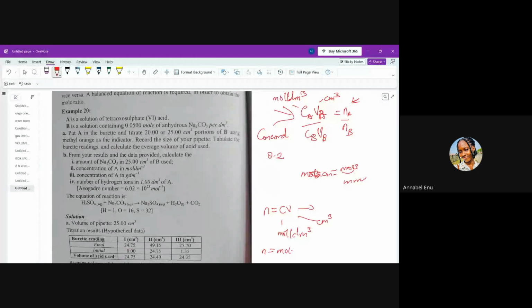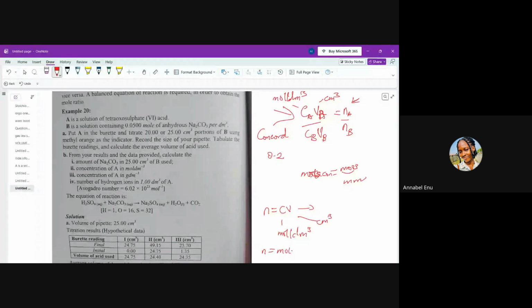And also take note that whatever we are pouring into the burette is where we are going to be getting our volume from.